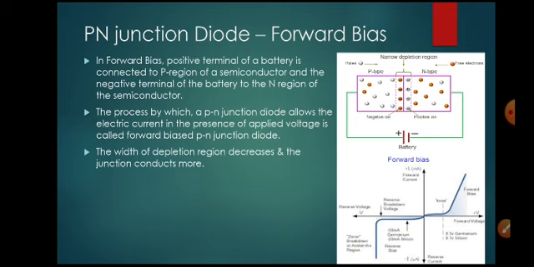But the electrons so produced are attracted towards the positive battery terminal, whereas electrons from the negative terminal go finally to the n region of the crystal. So there is a flow of both electrons and holes inside the crystal, but only the free electrons move in the external circuit.